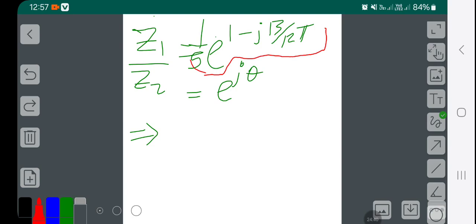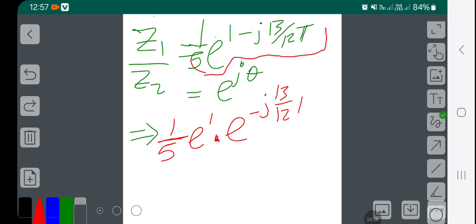I can say 1 over 5, then E to the power of 1, then multiply by E to the power of negative J 13 over 12 pi.